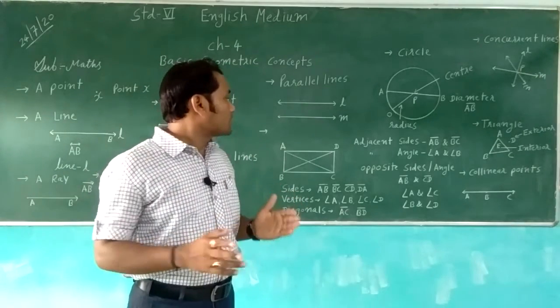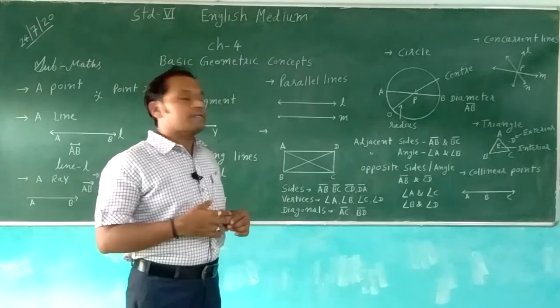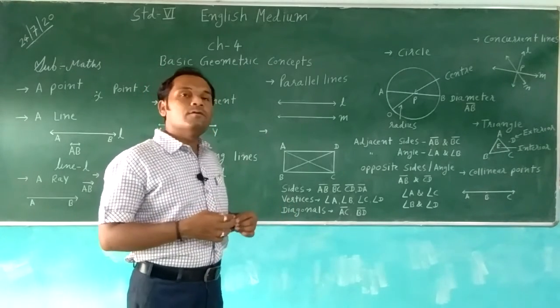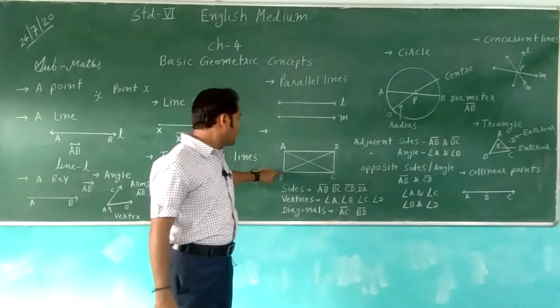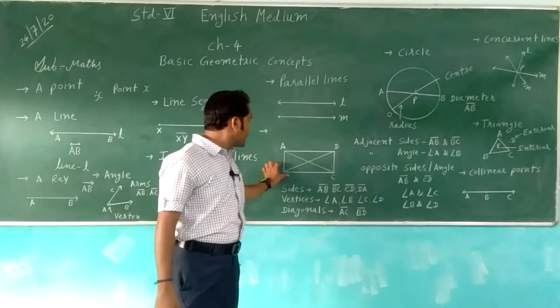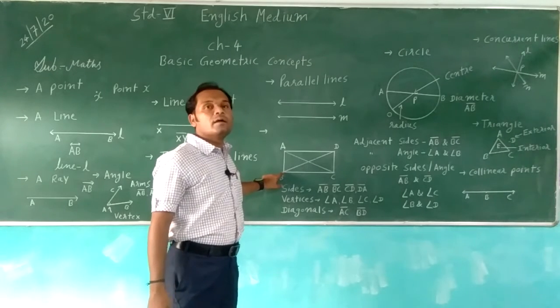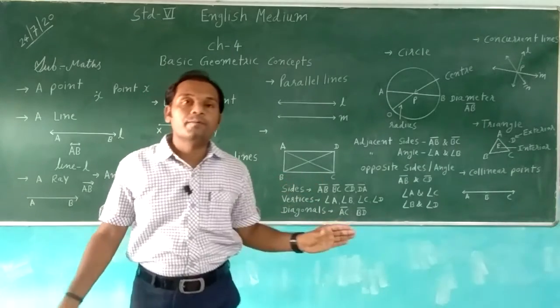Now here you will see further, adjacent sides. In the rectangle, we see the sides AB and BC together. These lines are together and have one endpoint. Both lines have one endpoint.